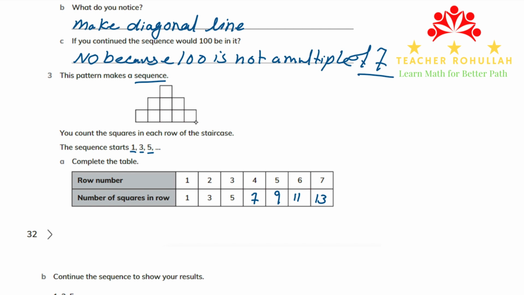We have 5 here. If we include 2 more, then it will be 6, 7. Each time we increase it by 2. If we increase it by another 2, we will have 9. And by another 2, we will have 11. And the same way, we will have 13.